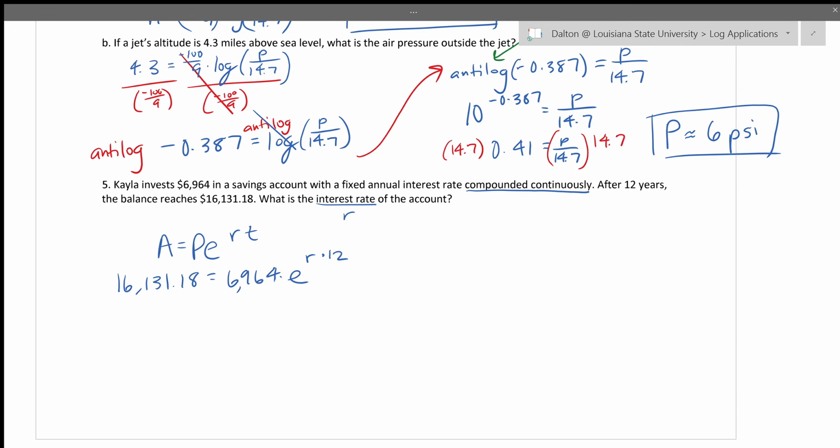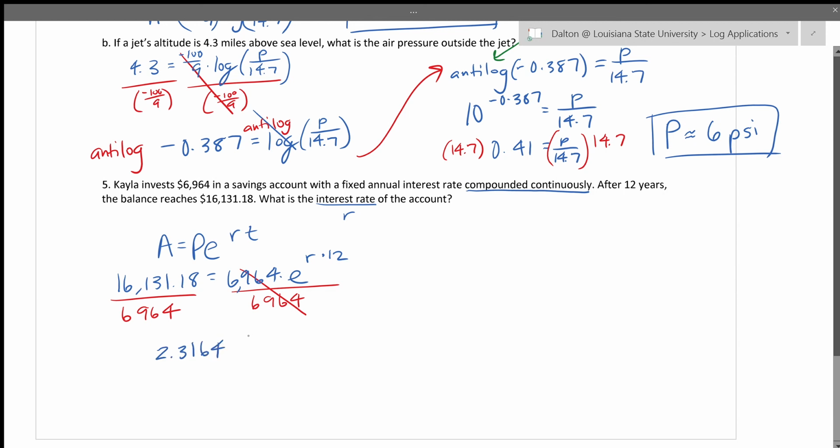Before you do that, just like we did in the other question, you want to isolate this term first by dividing by 6,964 on both sides. When you do that, you're going to get 2.3164 on the left side is equal to, on the right side, e to the 12r power. Now, let's go ahead and take the natural log of both sides.